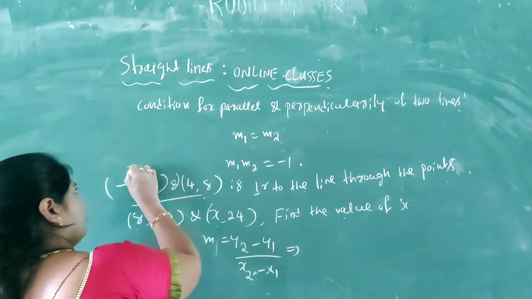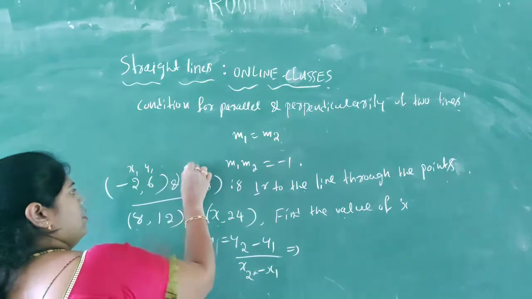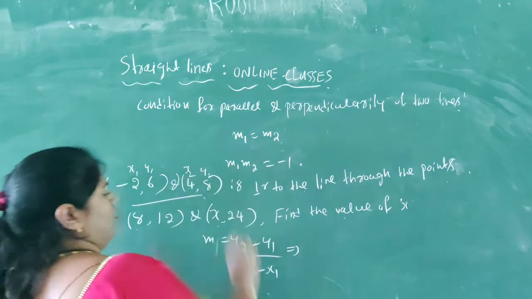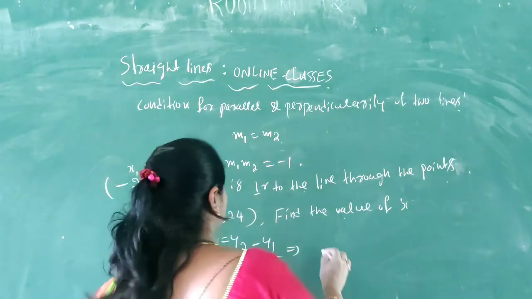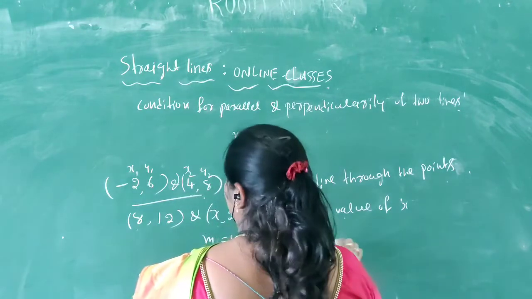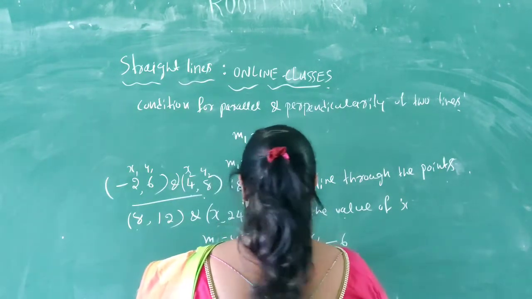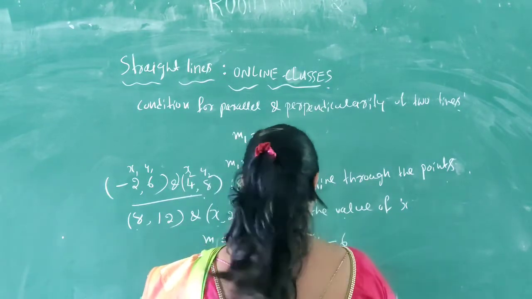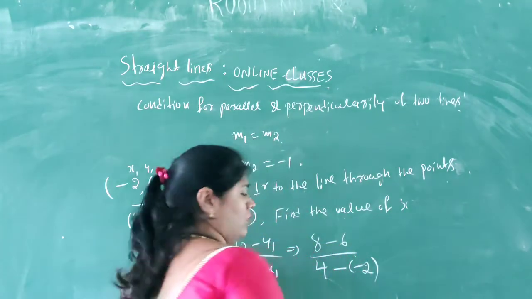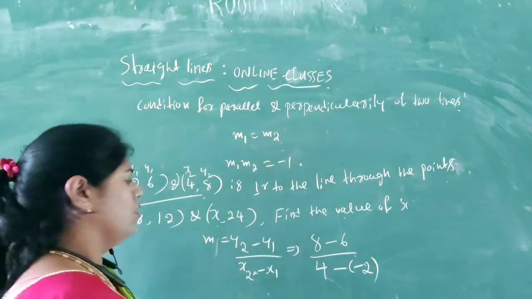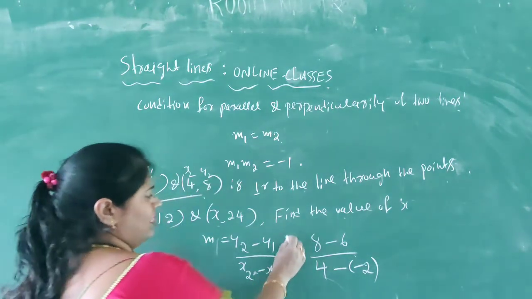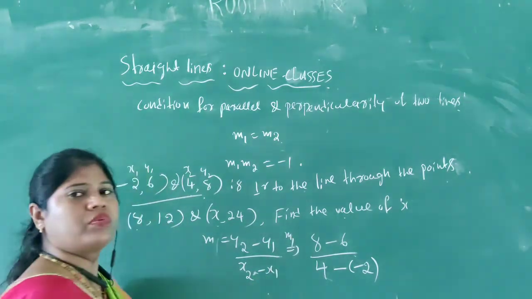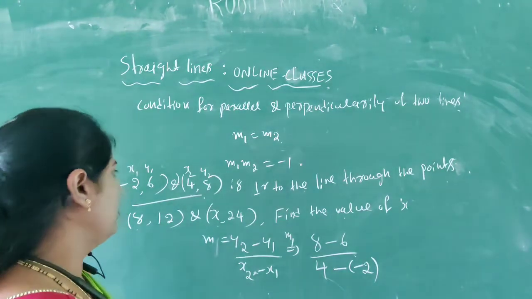So this is x1, y1, x2, y2. y2 is 8 minus y1 is 6, divided by x2 is 4 minus x1 is minus 2. Call it as m1 because there are two slopes here.